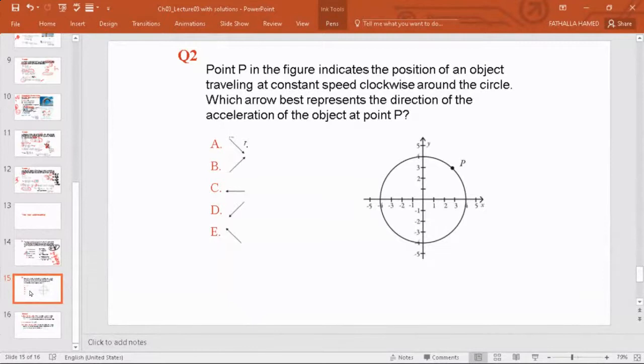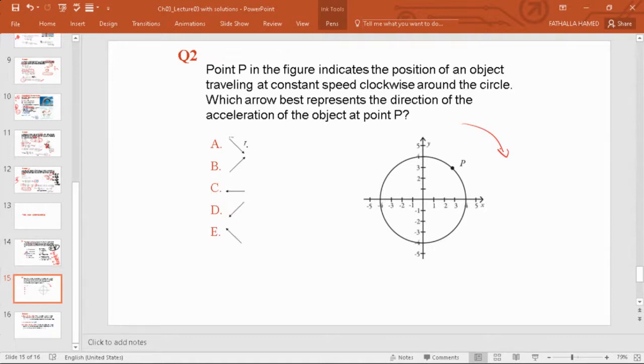Now, in question number 2, where you really have to make sure where the directions are, point P in the figure indicates the position of an object traveling at a constant speed clockwise around the circle. Which arrow best represents the direction of the acceleration of the object at point P? So it's moving clockwise, meaning this direction here, and they're telling you that the object is traveling at a constant speed.